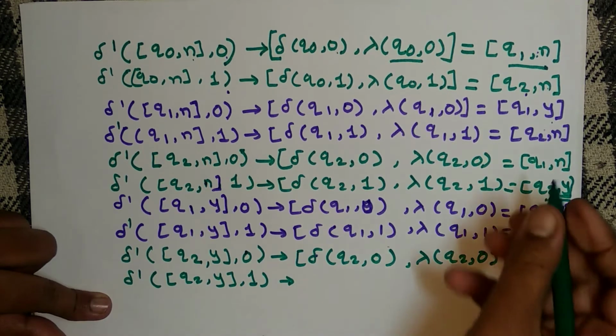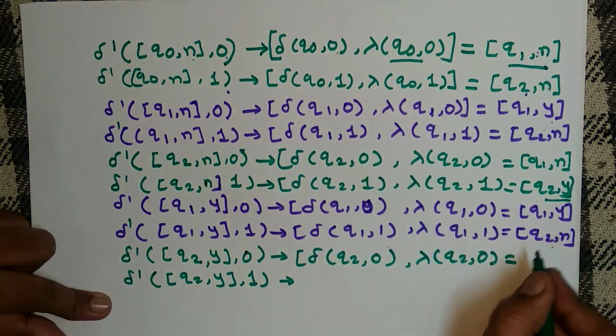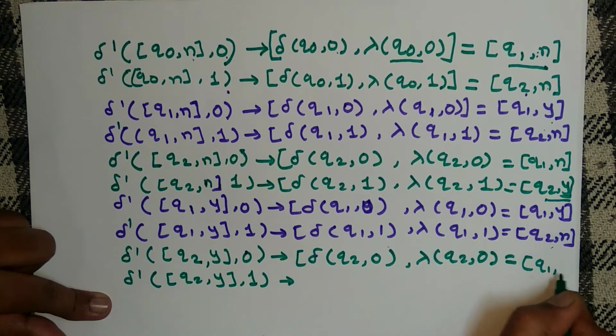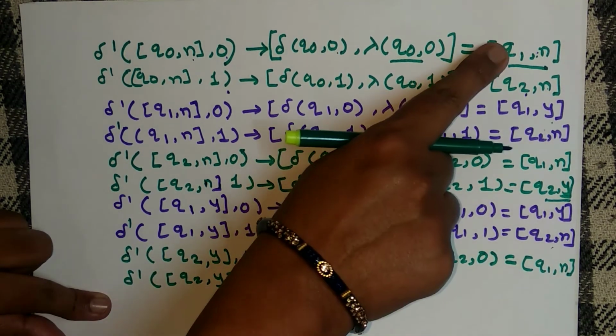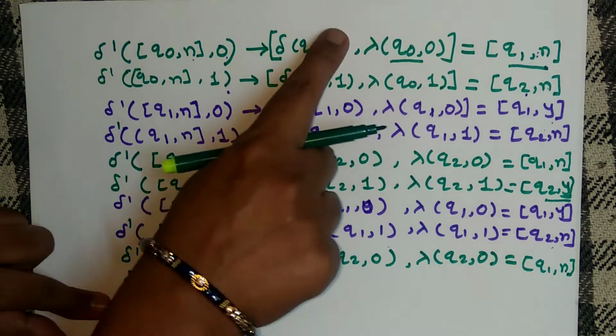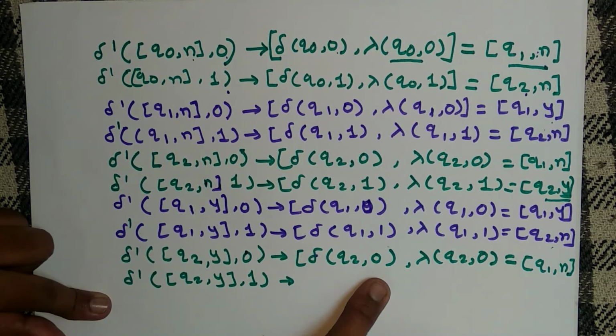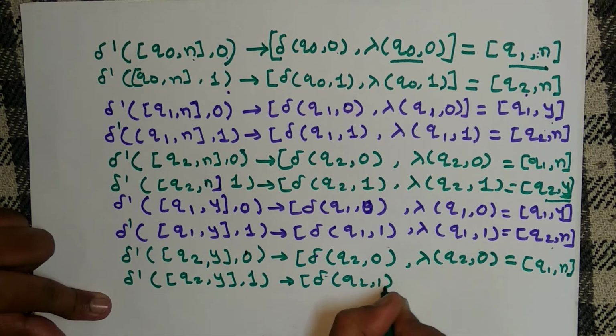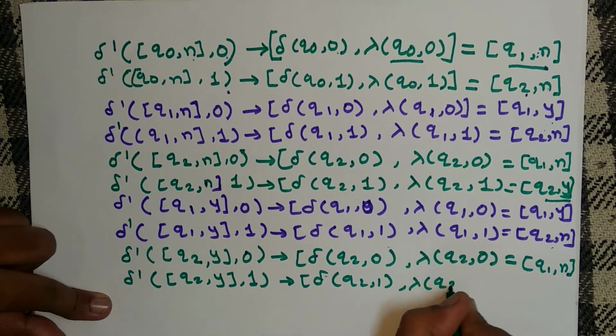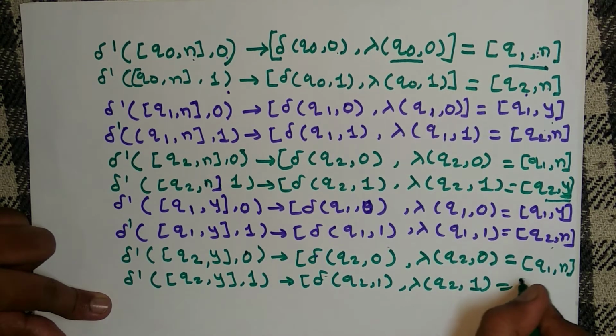We will get Q1n. See, it is repeating directly without observing the diagram. I can write it because it is correct for this combination, and the same combination is repeated over here. And then Q2 over 1, delta and lambda of Q2 over 1, over Q2y.